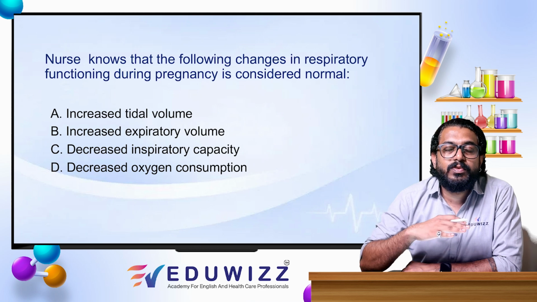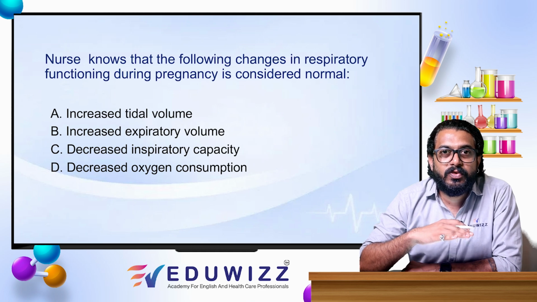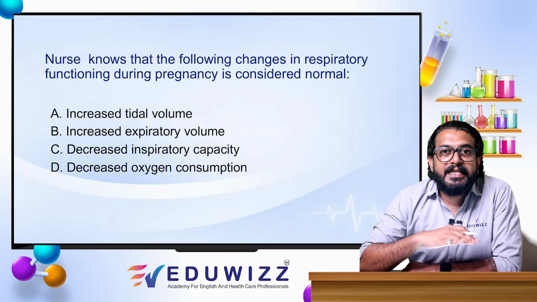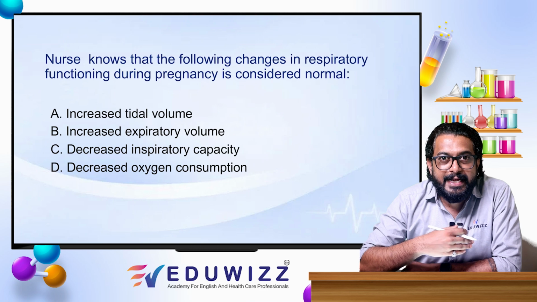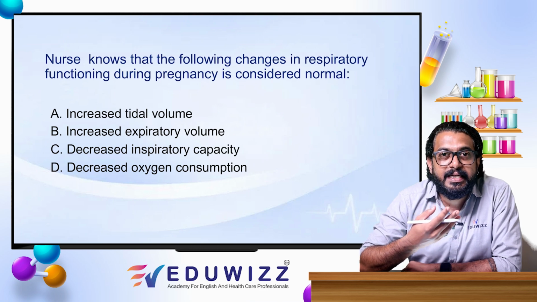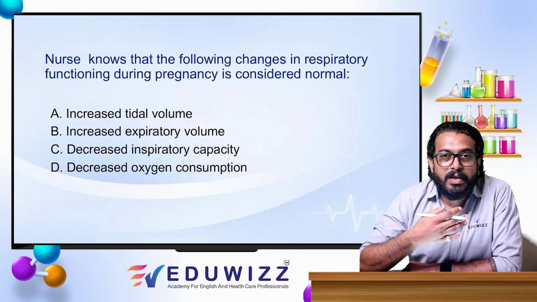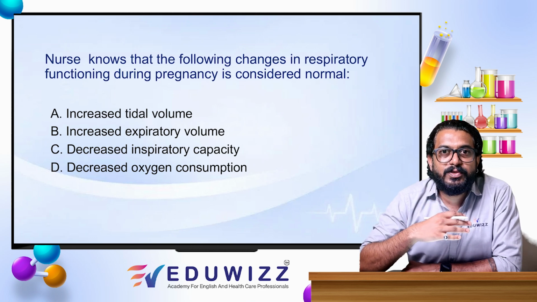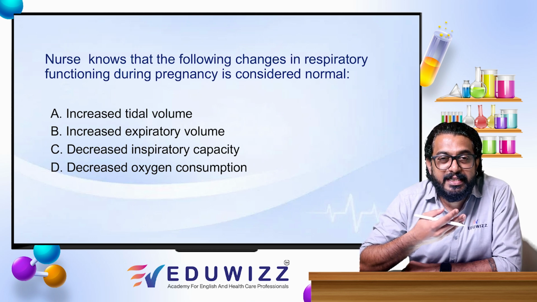The residual volume, the amount of air which is retained in the lung, will be decreased because of this increased effort of respiration. Due to the decrease in the residual volume, the expiratory volume will also gradually decrease. So tidal volume increases, and because of the decrease in the residual volume, the expiratory volume is also decreased.